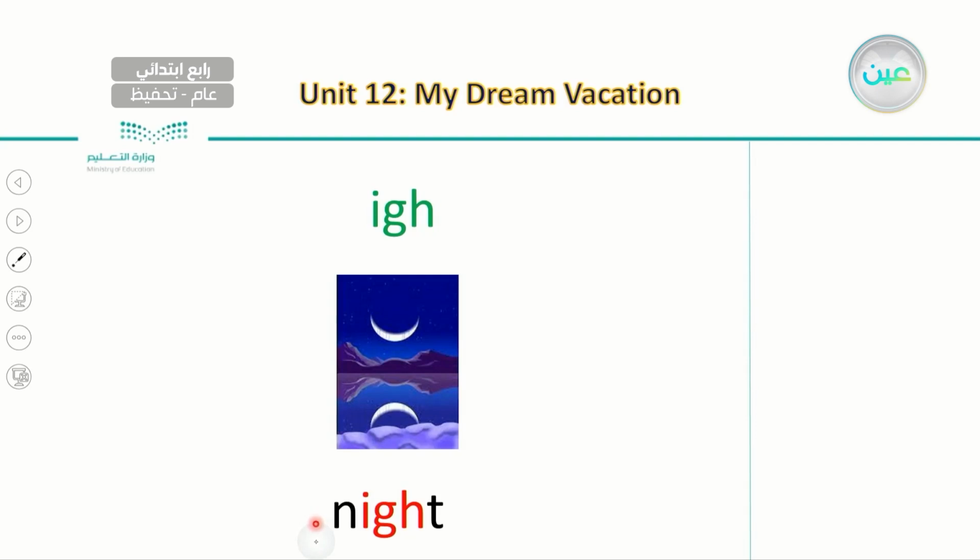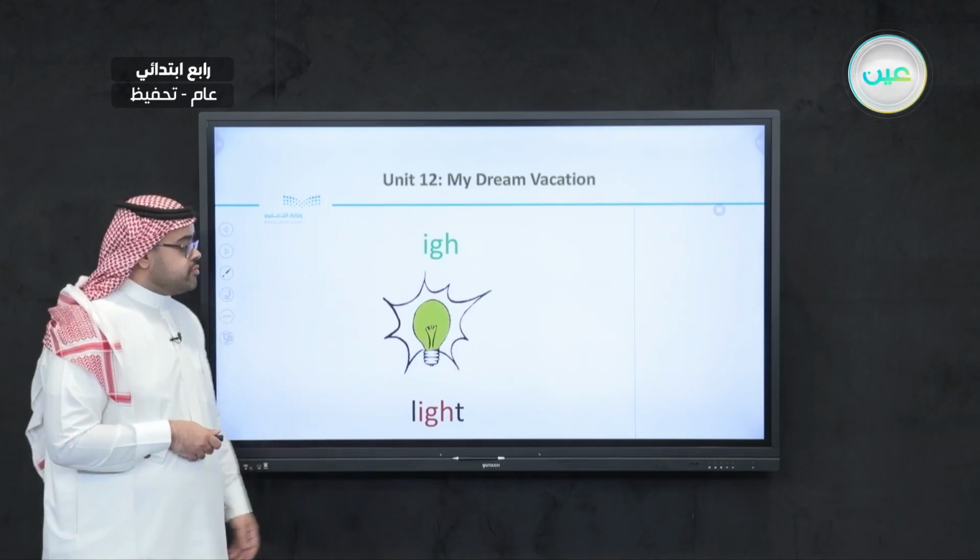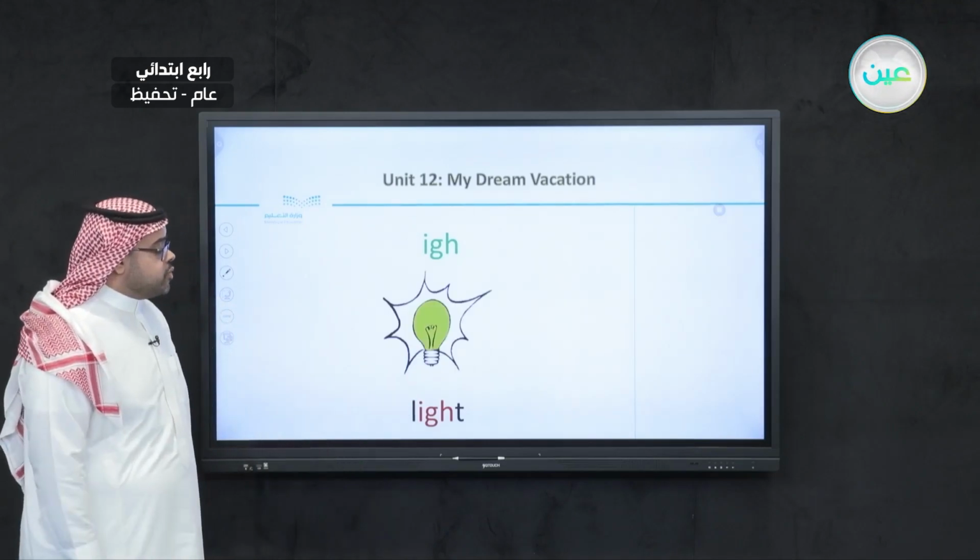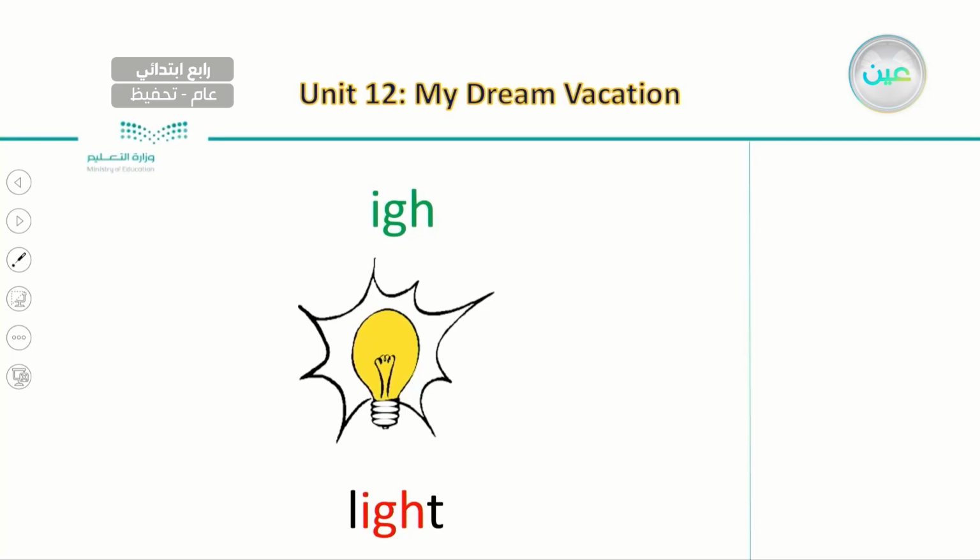Say after me, night. Here we kept G and H silent, and we pronounce the other letters. The other word that we have here is light. Say after me, light. Here we kept G and H silent letters.